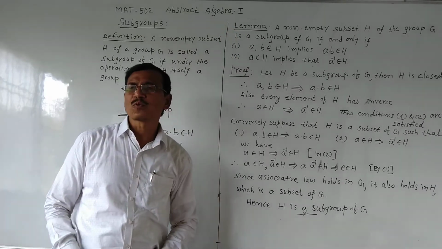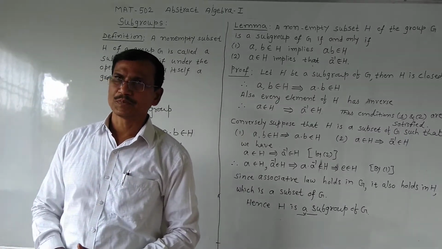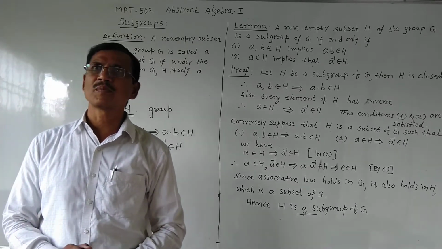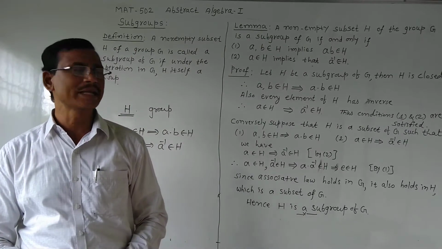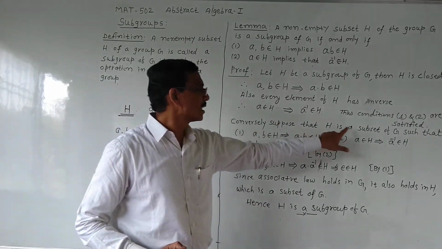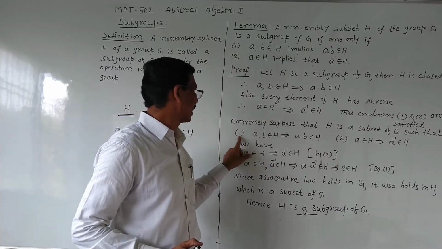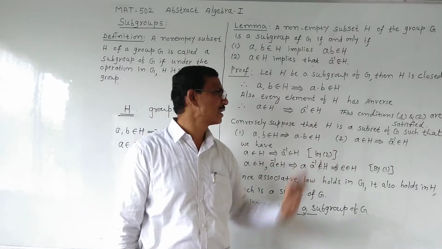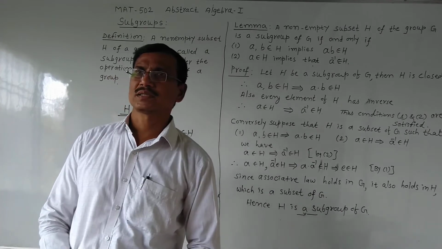Then we want to prove that H is a subgroup of G. H is a subgroup of G means we have to prove that H itself is a group with respect to the same binary operation which is defined in G. That's why we have assumed that H is a subset of G satisfying the given two conditions: a, b belongs to H implies a dot b belongs to H, and second condition, a belongs to H implies a inverse belongs to H.